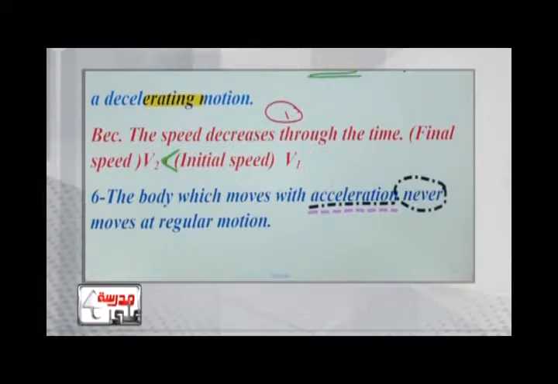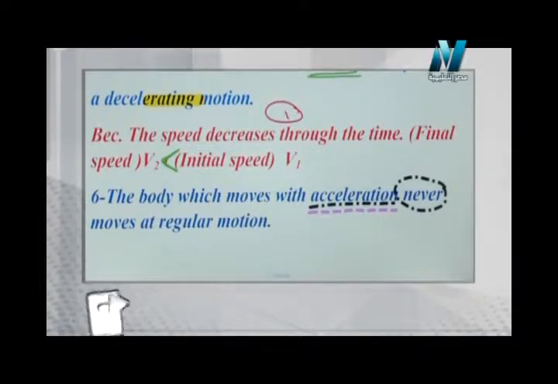So here we use the definition of acceleration to answer this question, because the body which moves with acceleration never moves at regular speed. We can answer, dear students, by what?